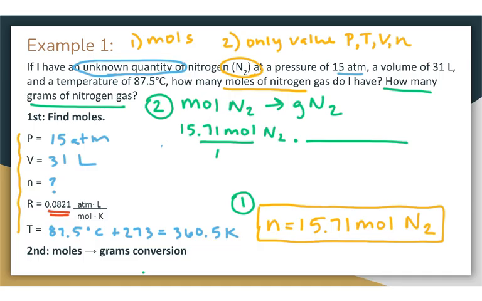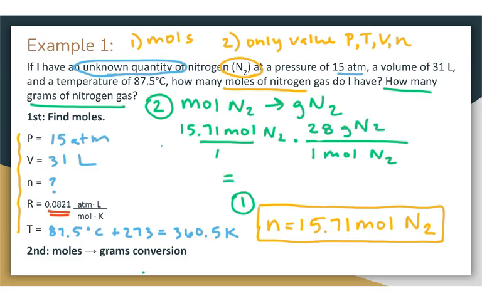So this is just a one-step conversion. 1 mole of nitrogen, and you can reference your stoichiometry chart if that helps, is going to be the molar mass of nitrogen. So I go to my periodic table. Each nitrogen has a mass of 14. And because this is diatomic N2, that means we're going to have 28 grams of nitrogen.